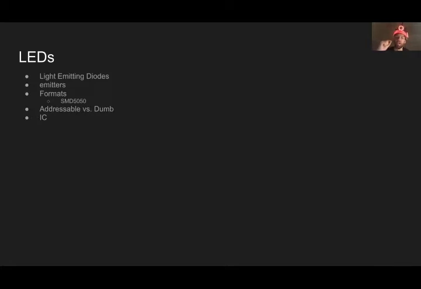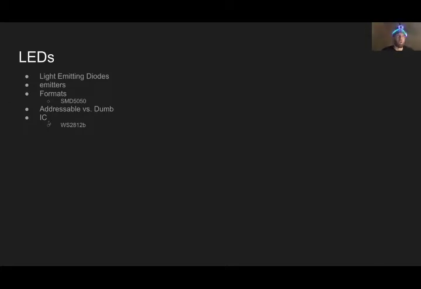It's essentially something like a logic circuit or a microcontroller, which is what gives it its address. So you will see this referred to as IC. So what IC, which stands for integrated circuit, are these LEDs operating? When we go into an example of purchasing LEDs, you'll be able to see the different ICs that are available. Sometimes it's just referred to as chip, okay? So what is the chip?